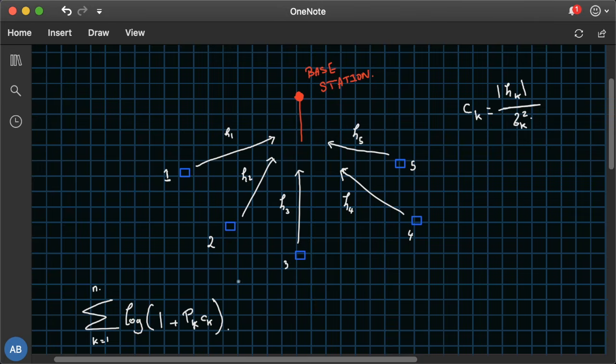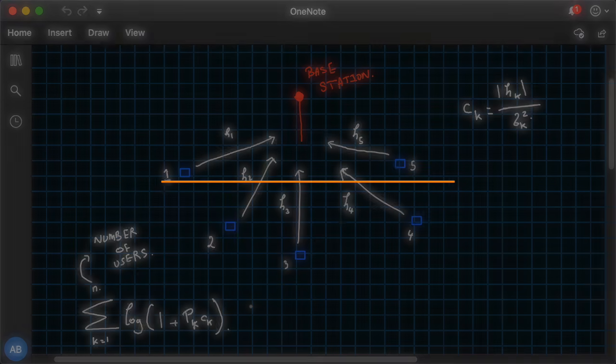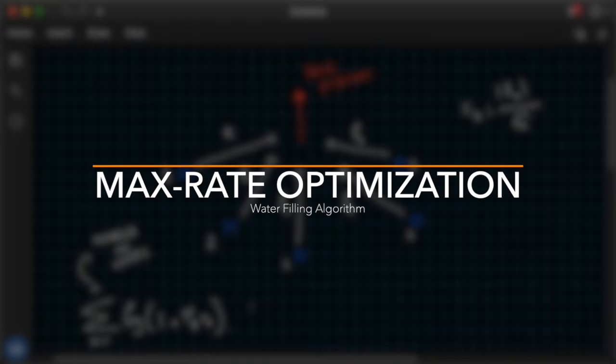Let's say we've got N users. So N is the number of users. And hence, the sum will give me the total capacity of the system. So my goal here, or my objective, would be to maximize this term, right? So let's formulate a possible rate maximization problem.